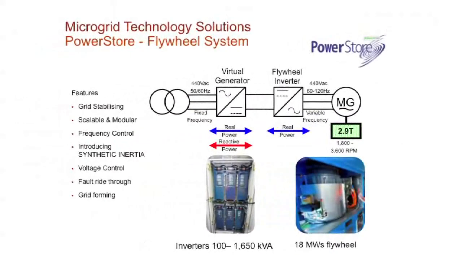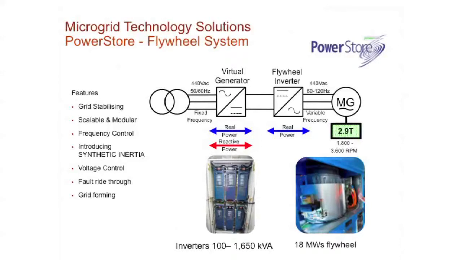We stabilise the grid with this device. These are two ABB inverters and a flywheel. Power Corp, my company, over the last 10 years of doing this, was using ABB inverters. We had a very close association with ABB out of New Zealand and worked very closely with those engineers to develop this technology.